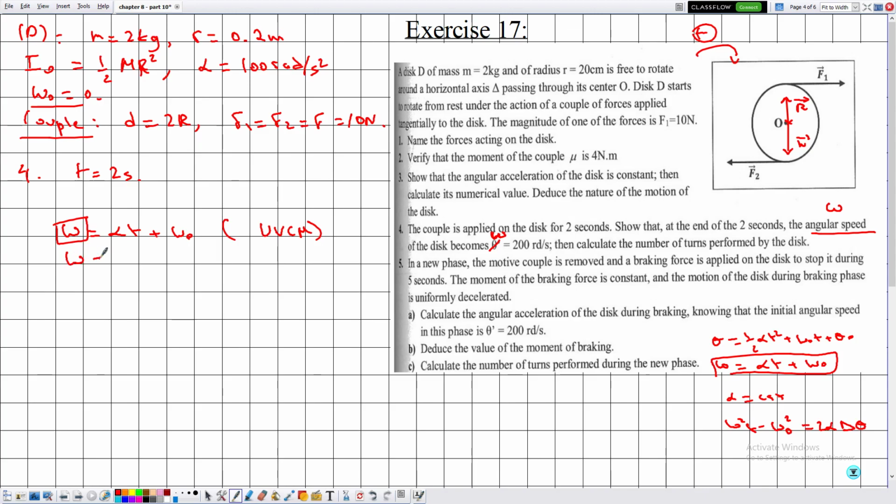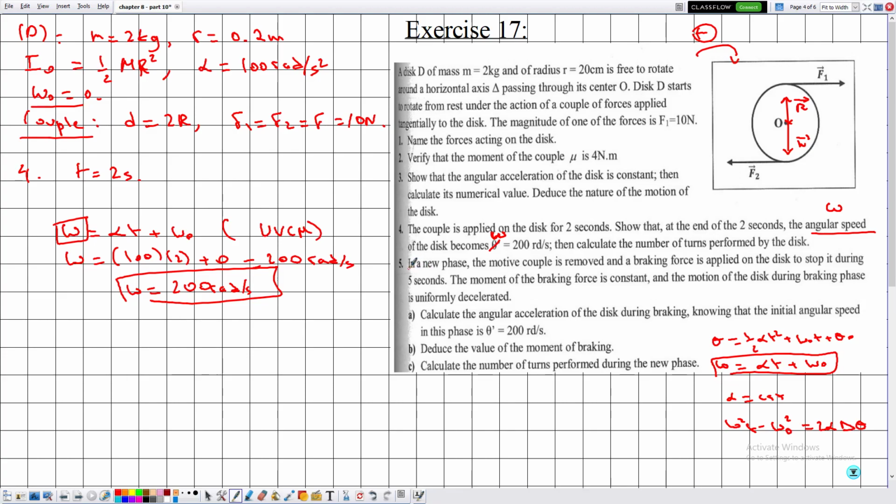So omega is simply 100 multiplied by 2 plus 0, because we start from rest, which is equal to 200. Everything is in SI, so omega is 200 radians per second.